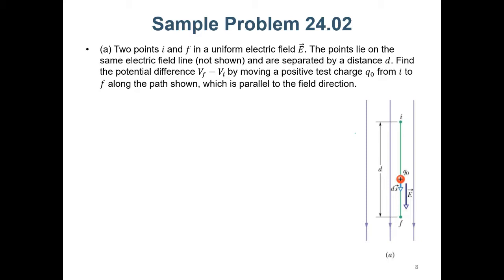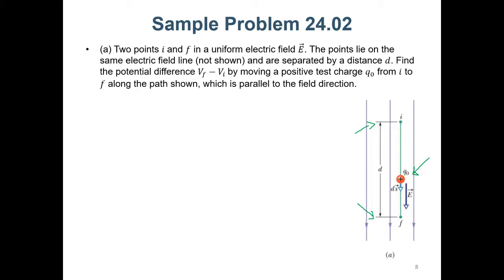So this is d. Find the potential difference VF minus VI by moving the positive test charge Q0 from I to F along the path shown, which is parallel to the field direction.